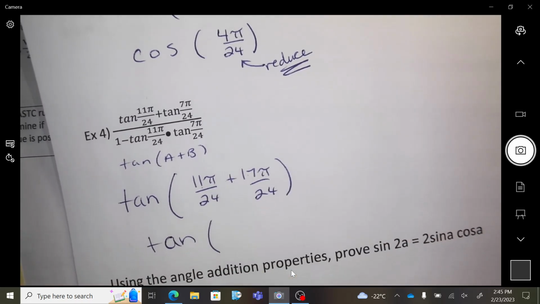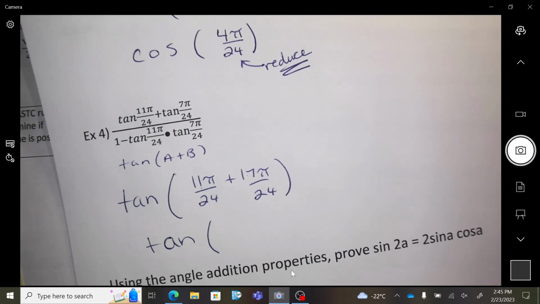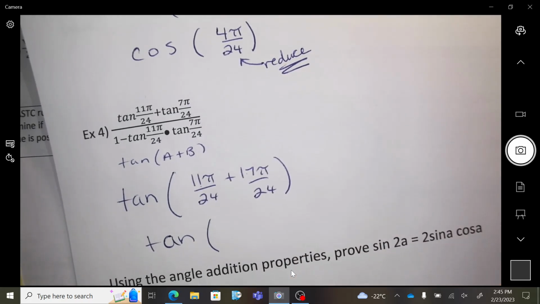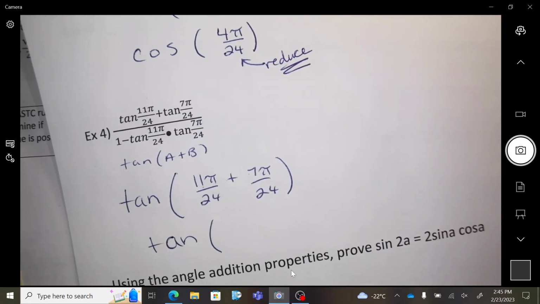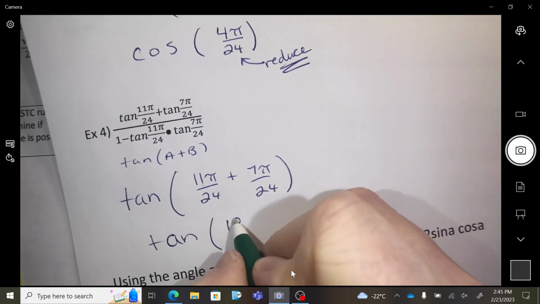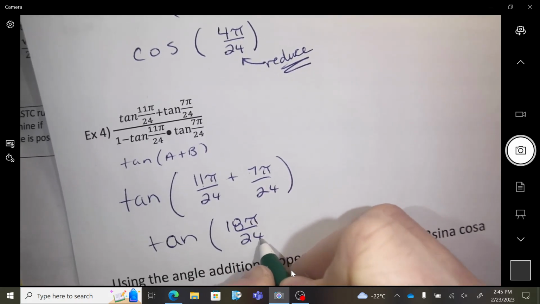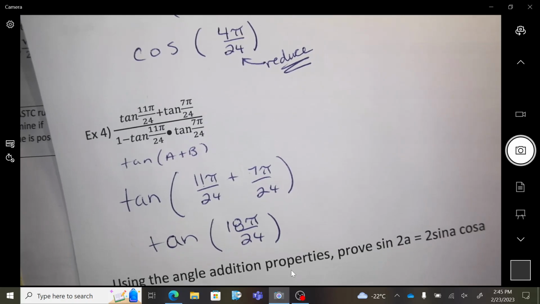So 11 plus 17. Wait, why did I write 17? Hopefully no one else did that. That makes more sense. 11 plus 7, 18 pi over 24. That probably doesn't look familiar again. So what should I do with 18 and 24?